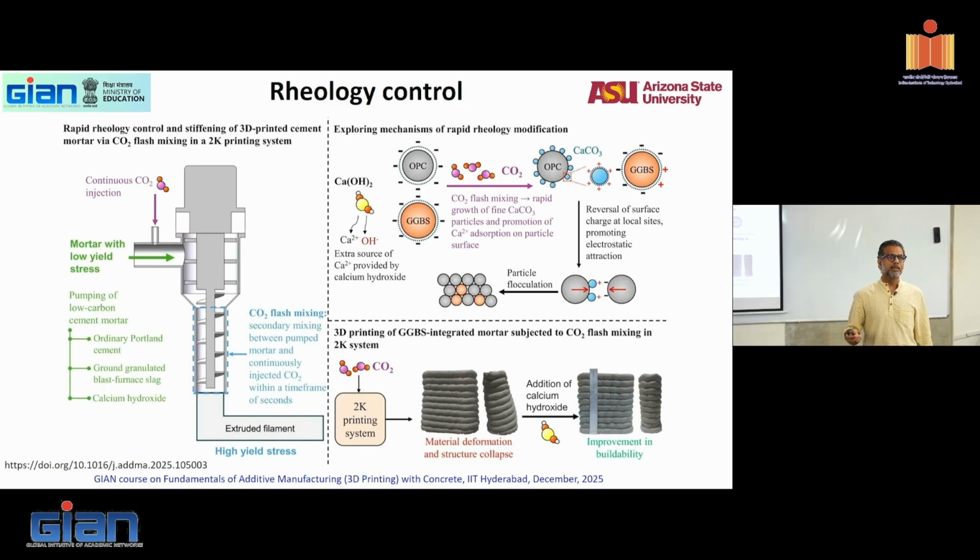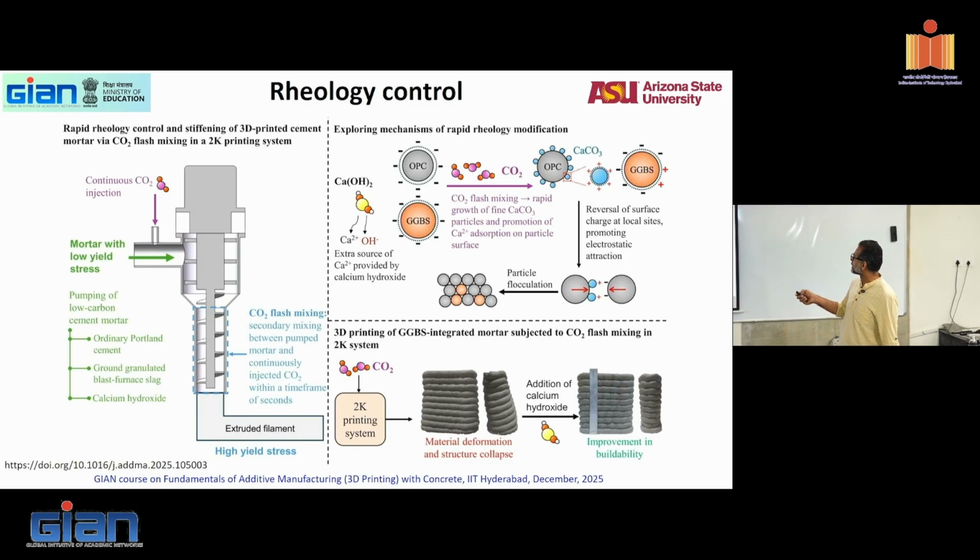Again, same idea that you get some calcium carbonate precipitation. And here is how it is. Calcium hydroxide reacts with carbon dioxide, and you form some calcium carbonate. Carbon dioxide also, because of the gaseous state of CO2 and the way it changes the solubility of ions, will make a little other rheological changes as well.